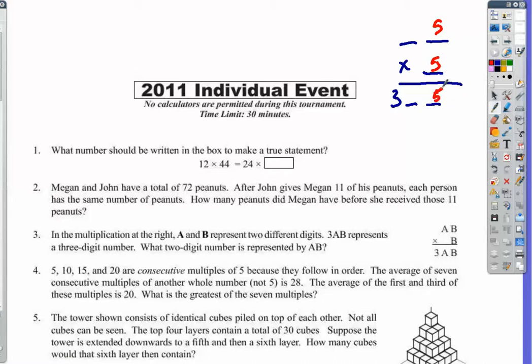So 5 times 5 is 25, so that means I'd have to carry the 2. And 2 plus the product of these two numbers equals this a number, right? And I know that this product is going to have to be in the 300s. So the smallest number it could be is 6, because 6 times 5 is 30, so that gets me into the 300s. So let's see if it works. 5 times 6 is 30 plus 2, but these don't match.